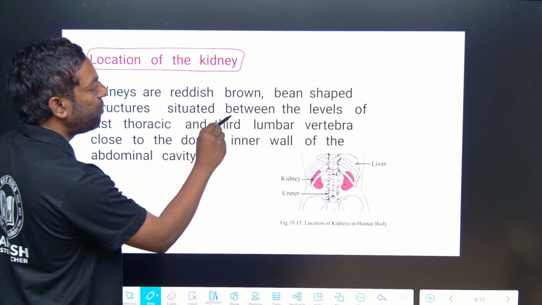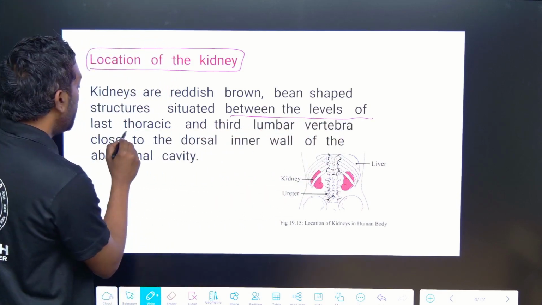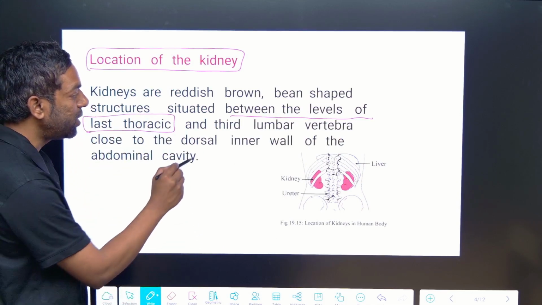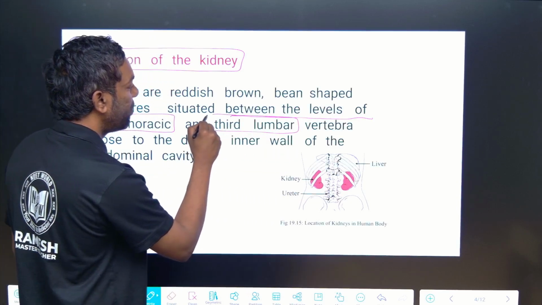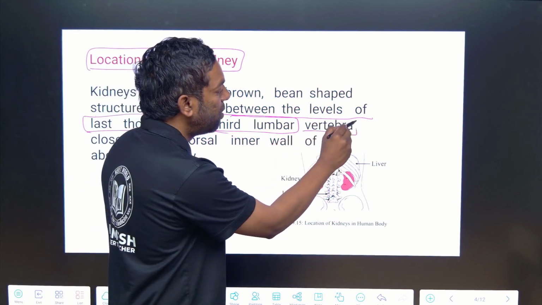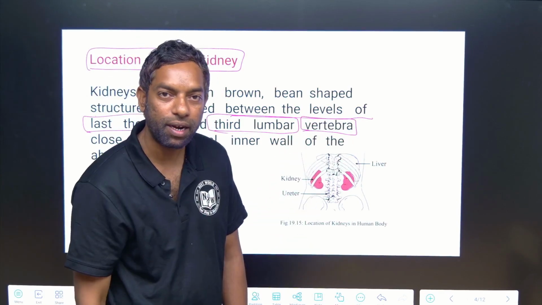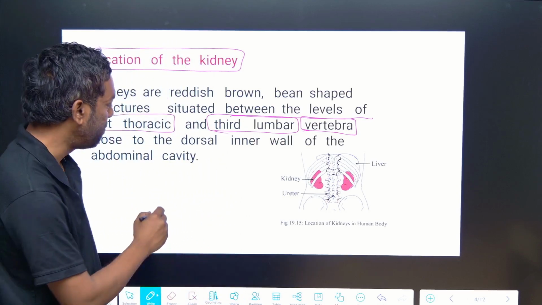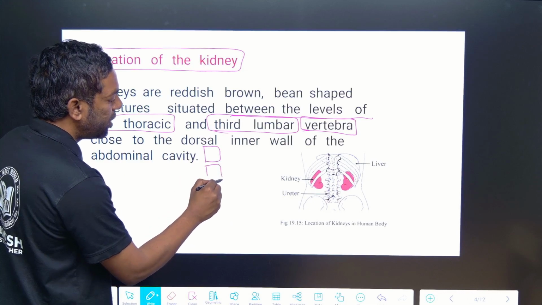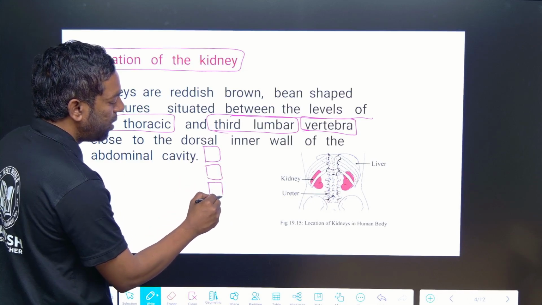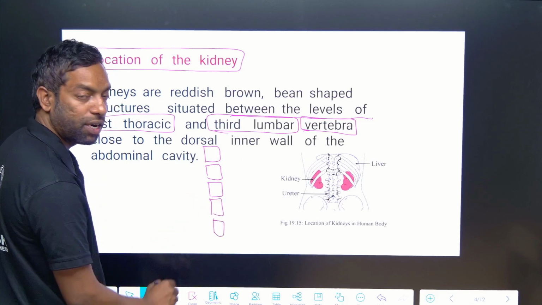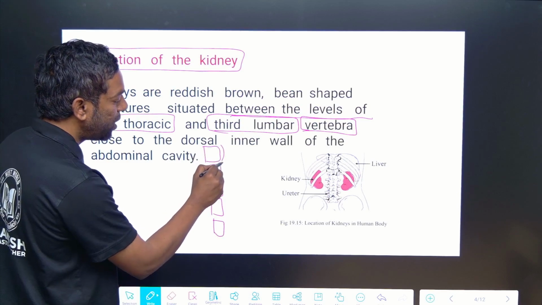Kidneys are between the level of the last thoracic, most important, and the third lumbar, according to the human vertebra. Do you know the vertebra? The vertebral column is the supportive part of the spinal cord.